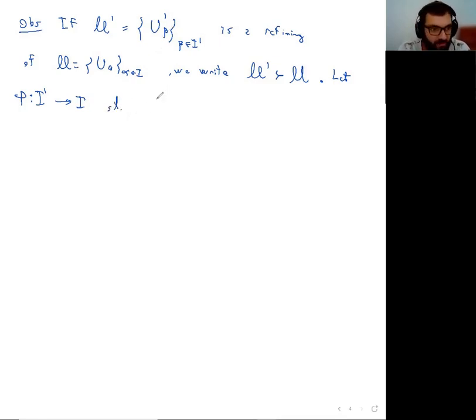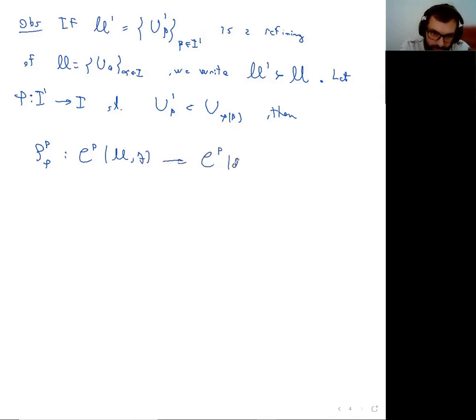And it just basically is something to tell you. So this is a refining. So each U beta prime is contained in one of these U alphas. So this phi just gives you one of them. Okay, just one of them. And then we have a map, which we call rho p phi, that goes from the p-cochains with respect to U to the p-cochains with respect to U prime. And of course, this map is just the restriction.